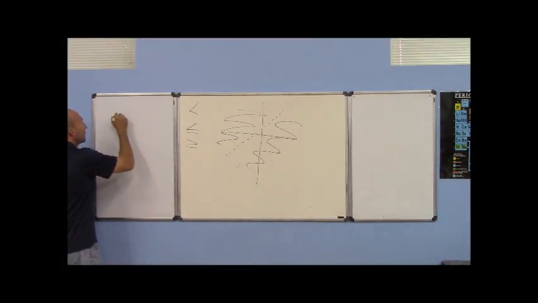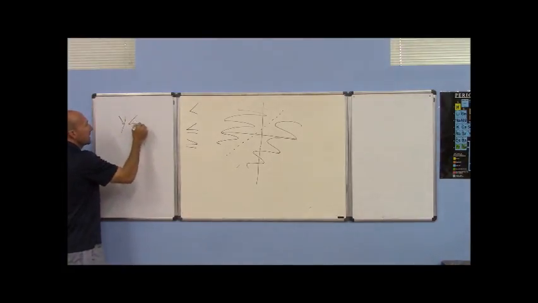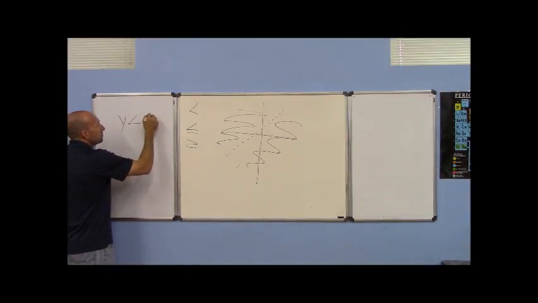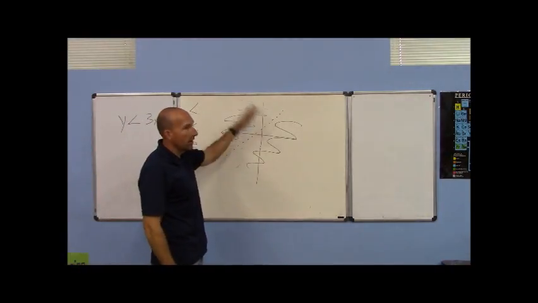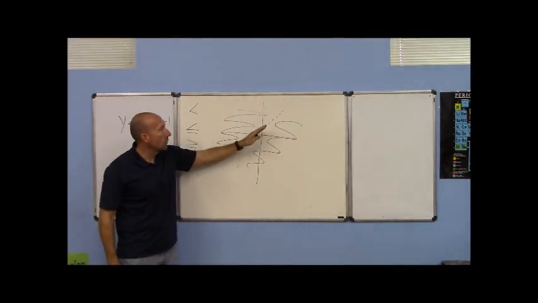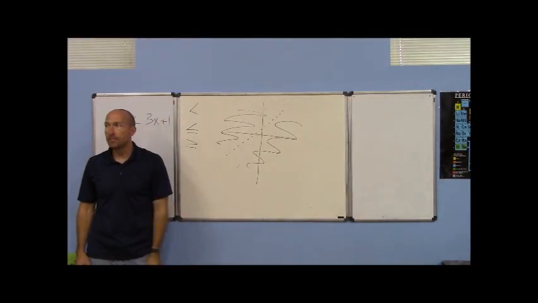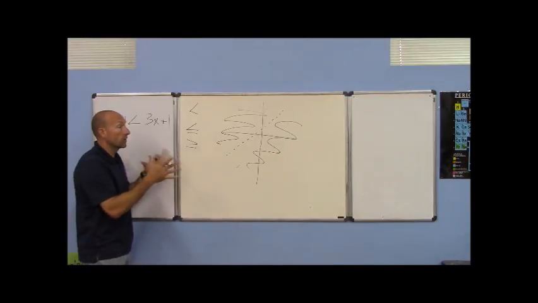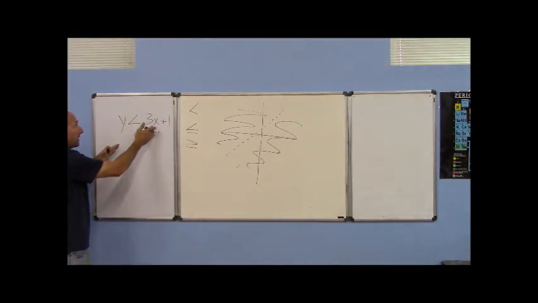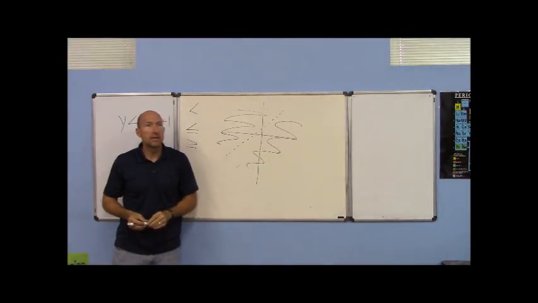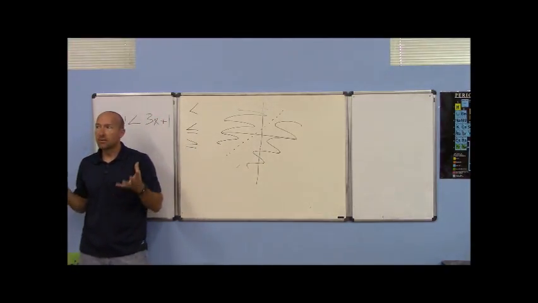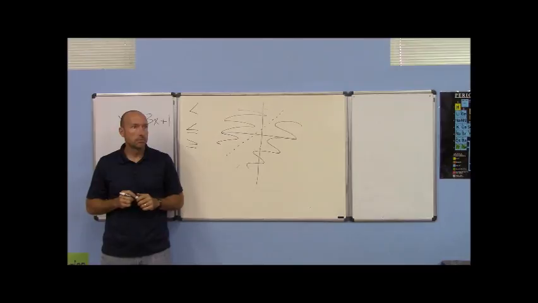Well, if we have y is less than, say, 3x plus 1, find a coordinate point anywhere that is on one side or the other of the dotted line. And then what you're going to do is plug in the x for the x and the y for the y. Looking at this, what do you think is going to be the easiest coordinate point to choose?